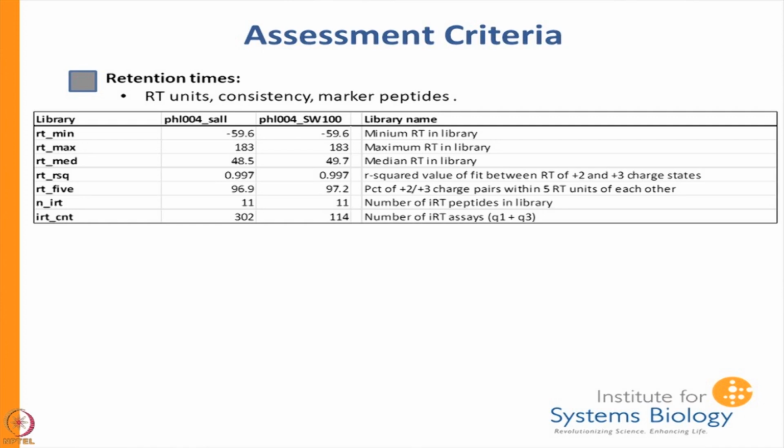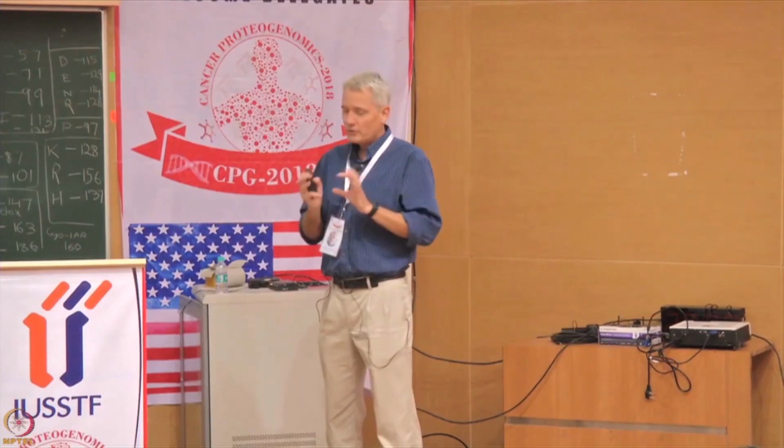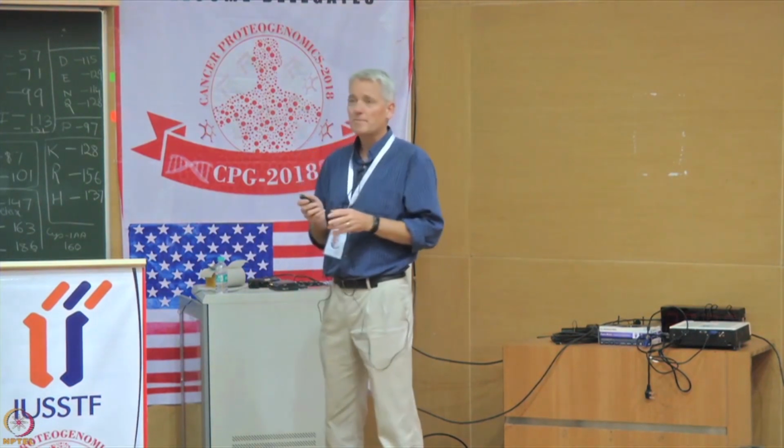So one other thing, there's a measure of consistency. As I mentioned, sometimes you see multiple charge states of the same ion. And it turns out when you make a spectral library, the software treats everything independently. And so you end up getting potentially different retention times for your +2 and +3 of the same peptide.